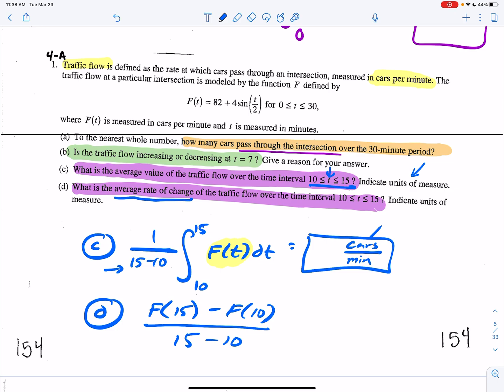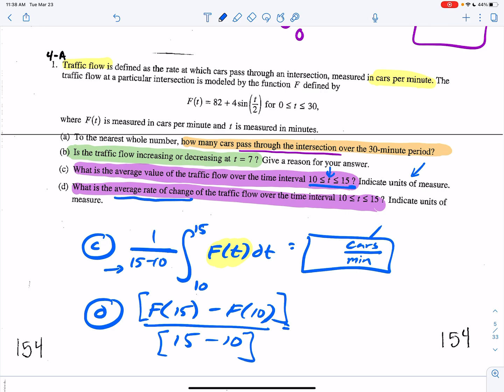Average rate of change is slope between 2 points, okay? So here, again, you could use your calculator. I would probably use the y1 function, so y1 of 15 minus y1 of 10, all in parentheses, divided by all in parentheses 15 minus 10. You don't want any syntax errors there, okay?